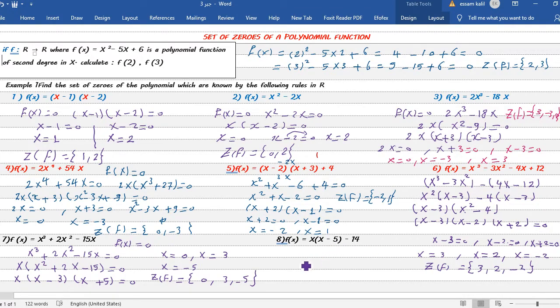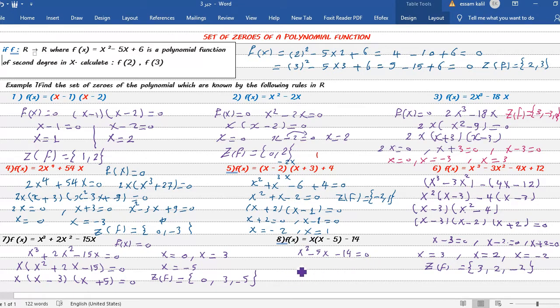Make the simplest form: x times x becomes x power 2, minus x times 5 becomes negative 5x, negative 14, equals 0.